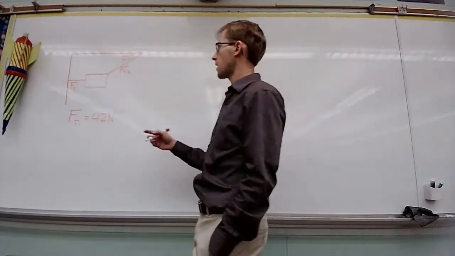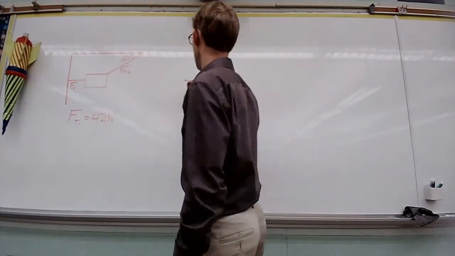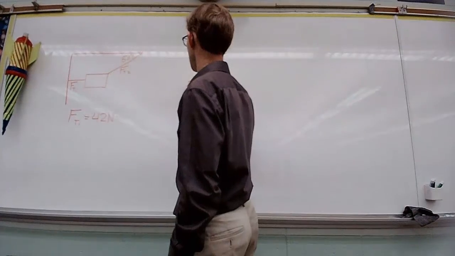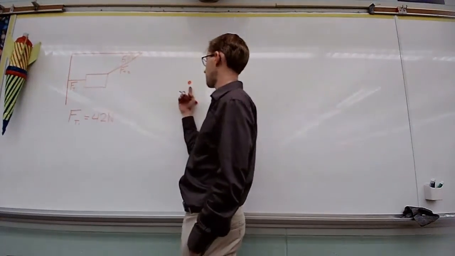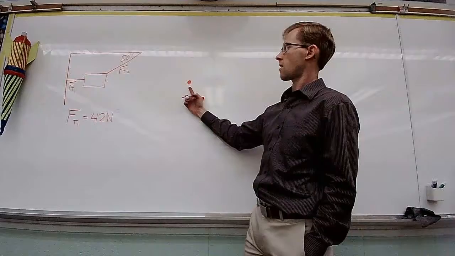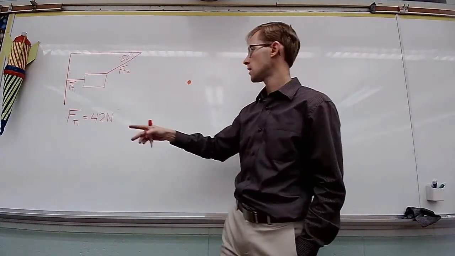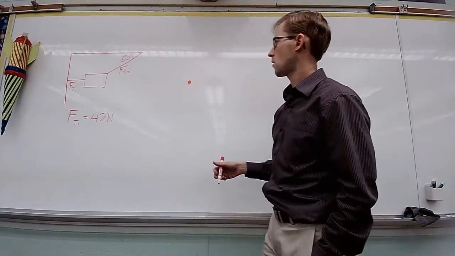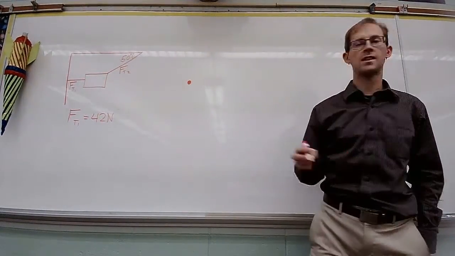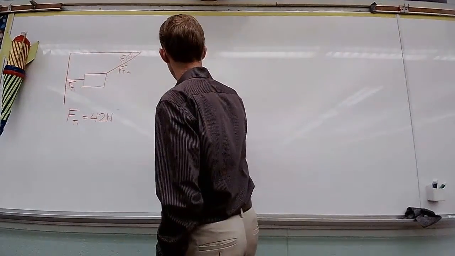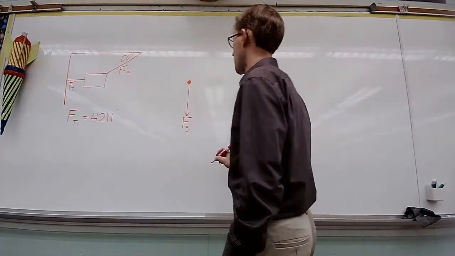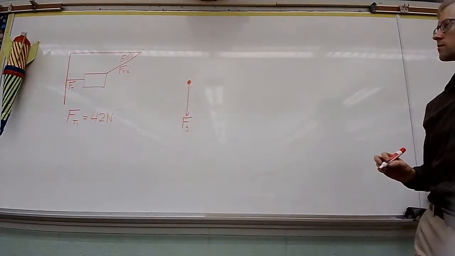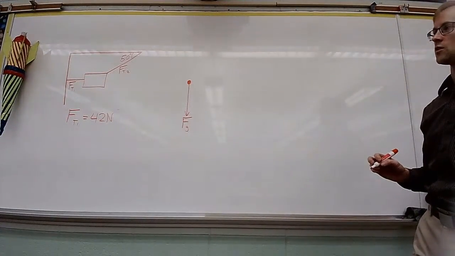So if I want to make a force diagram out of this, I start with my dot, and all I do is, again, put in forces that are acting as a push or a pull on this block. So obviously gravity is pulling it down, so gravity's going down. And we can see the two strings.